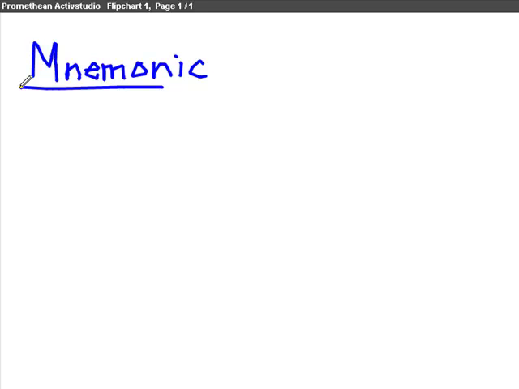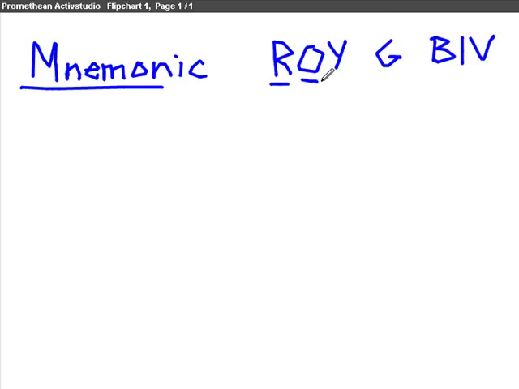And most of you have memorized that that name stands for the colors of the rainbow. So Roy G. Biv is red, orange, yellow, green, blue, indigo, violet. And that's just a common mnemonic so that you can remember the various colors in a rainbow.